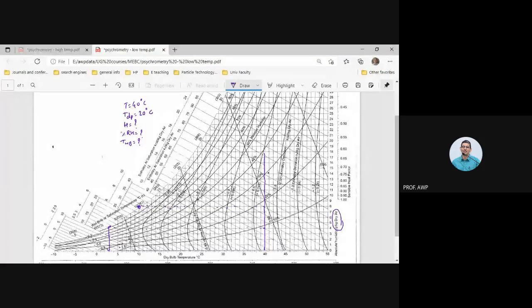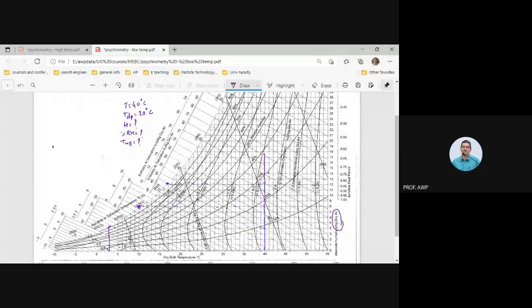If I am here, I cool, air will become saturated and water will start condensing out at this temperature, isn't it? So if I'm here, the dew point is this 17 degrees centigrade. If I am here, the dew point is 10 degrees centigrade. But what is my dew point?